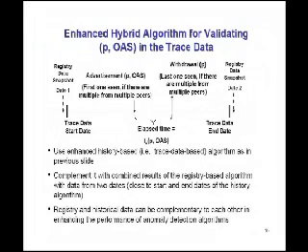And we can add to that to make it a hybrid algorithm. And here we have an enhanced hybrid algorithm, where we have the same history algorithm as I described on the previous slide. And now we bring in the registry data.